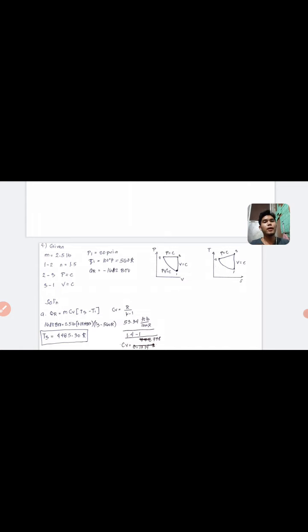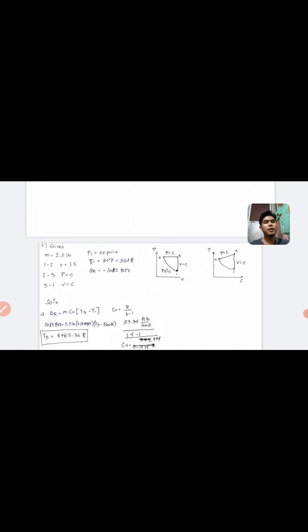Now, QR is equal to negative 1682 BTU. Here we have the PV diagram and TS diagram. In the PV diagram, from state 1 to state 2, since it is polytropic, PV raised to n is equal to constant. And state 2 to state 3, our pressure here is constant.